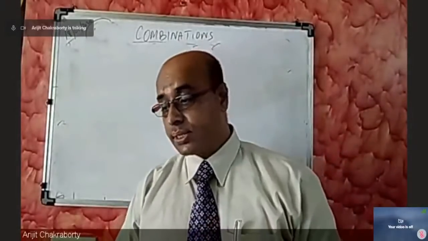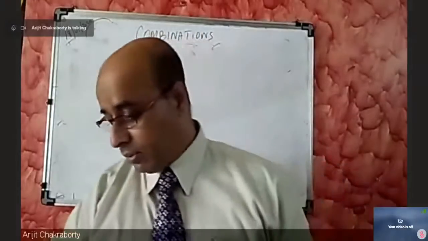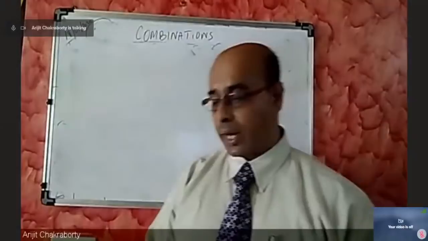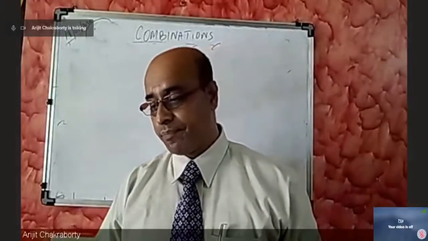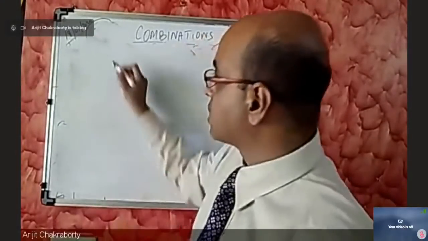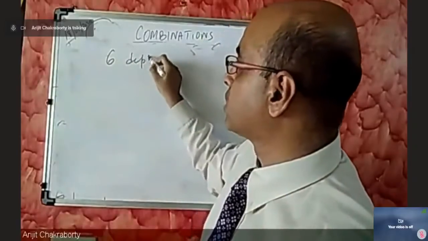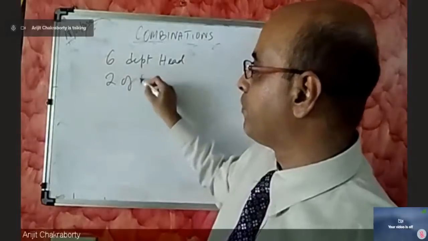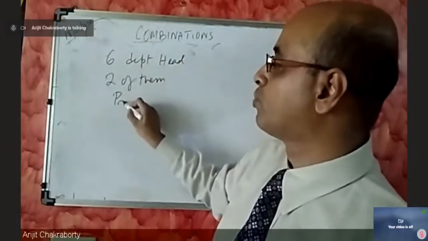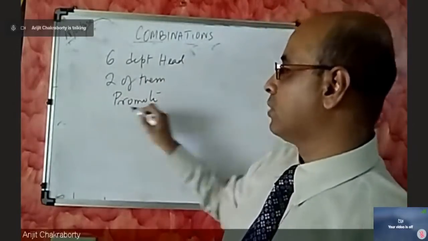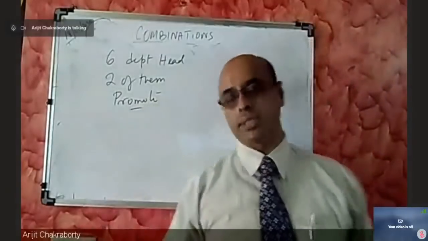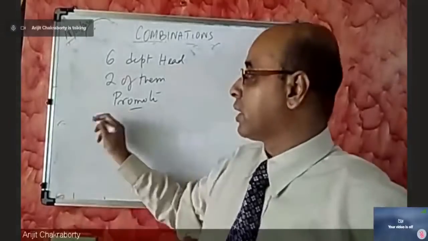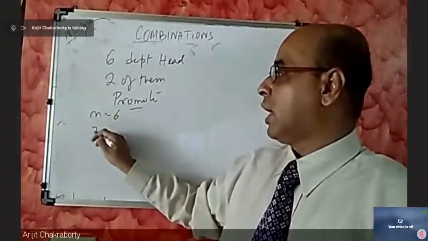The question is, a company has 6 departmental heads and it wants to promote 2 of them. How many ways can you do it? Direct question, simple combination. So here N is 6 and R is 2.